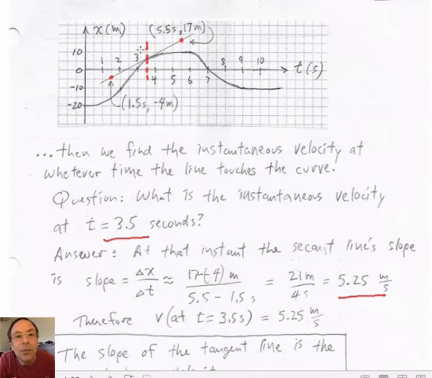Well, it looks like it's horizontal. If I try to draw a tangent line for 5.5 seconds, it's going to be right there. And so I can tell you right away that the velocity at 5.5 seconds is 0.